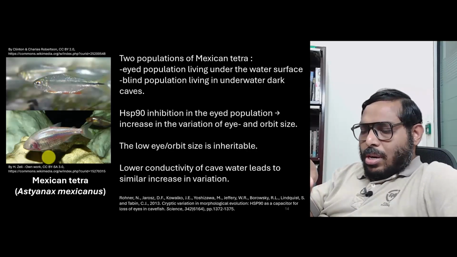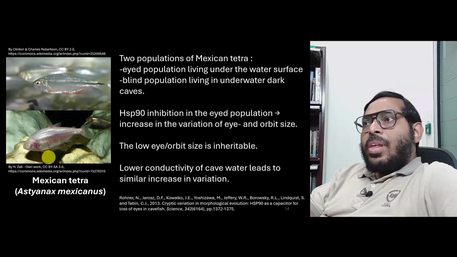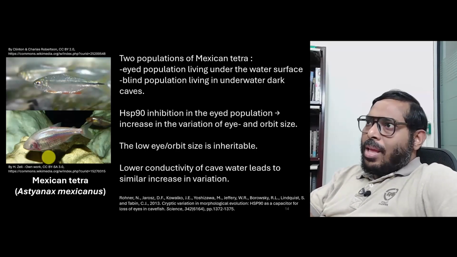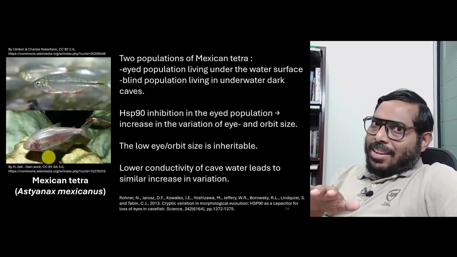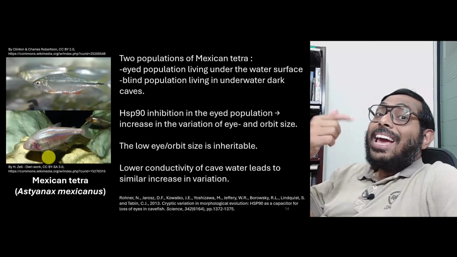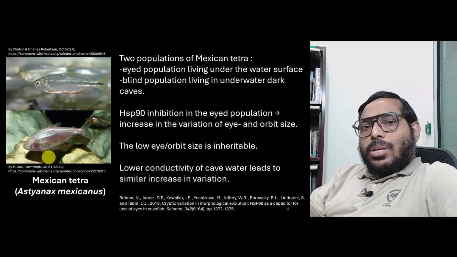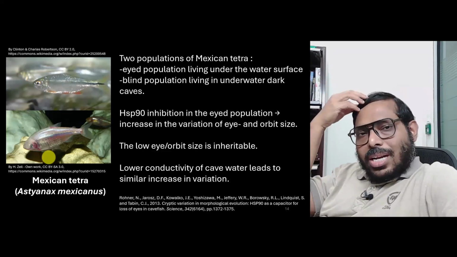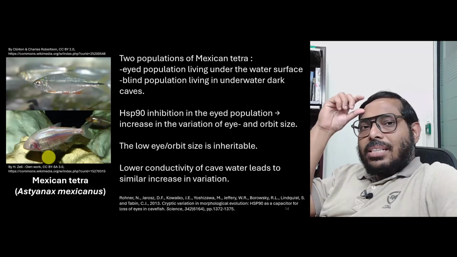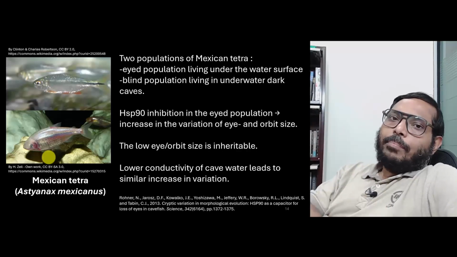Now, that work Rohner et al. did not cover, but there was a subsequent paper which showed that in the dark, obviously, these fishes can no longer use their eyes for catching their prey. So, they are depending on certain cells and certain other sensory organs in their head for catching their prey.